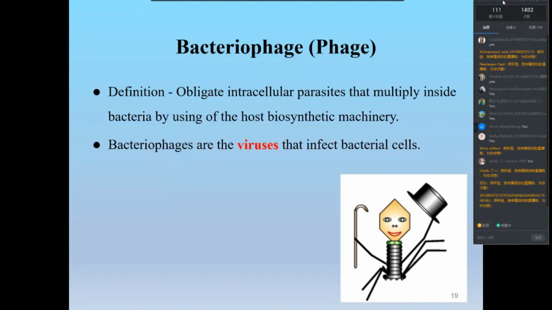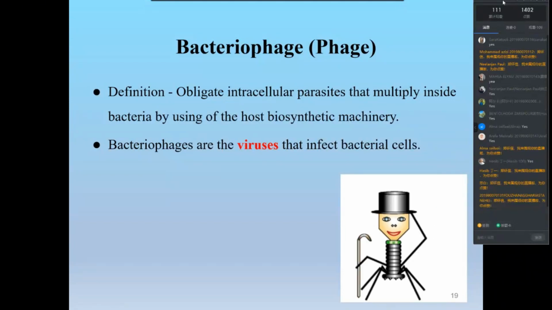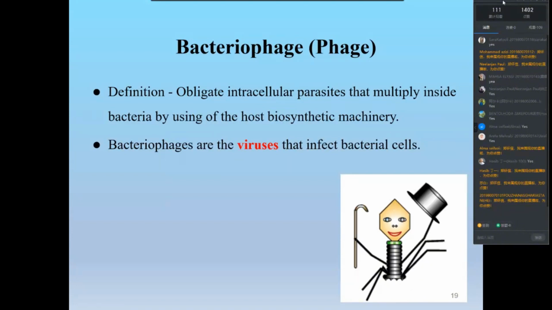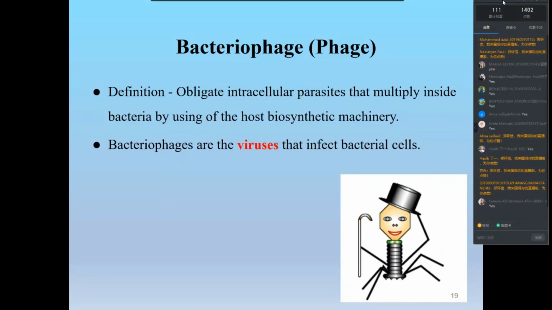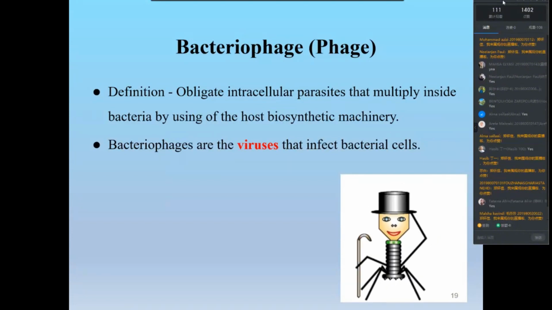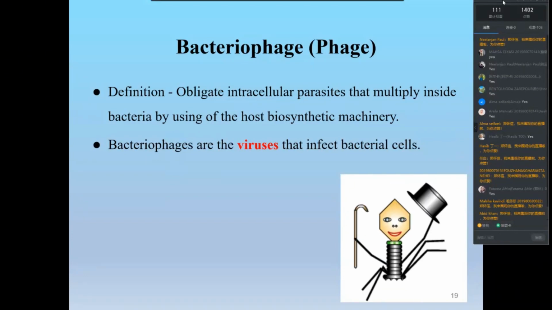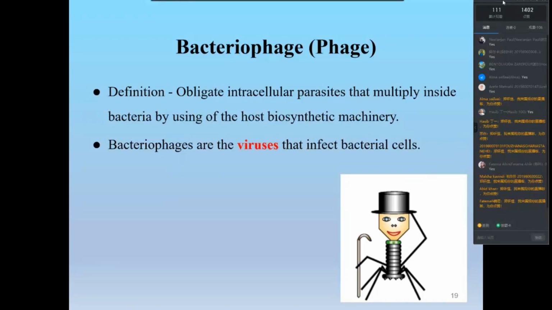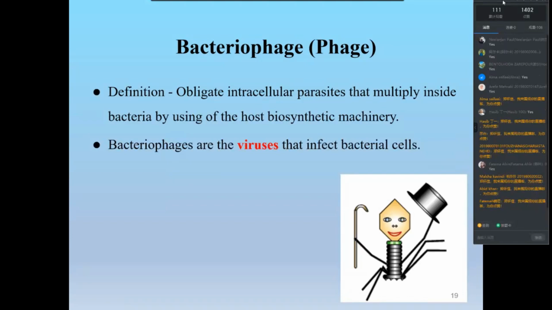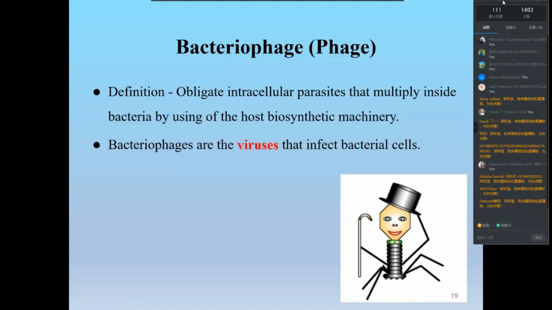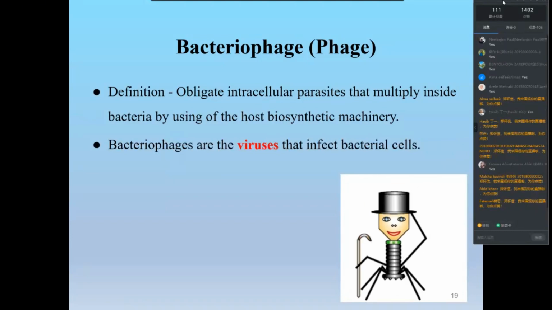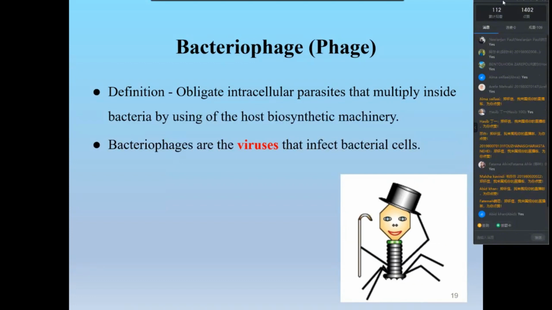So they are viruses. In our first lecture we introduced viruses a little bit, and we know that they are not cellular organisms. They are just particles containing either DNA or RNA as their genetic material, and also a protein coat as a capsid.